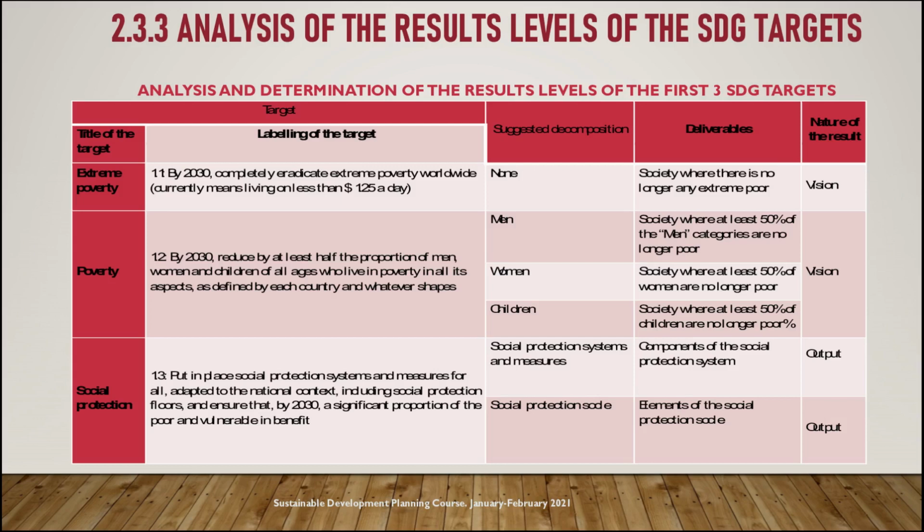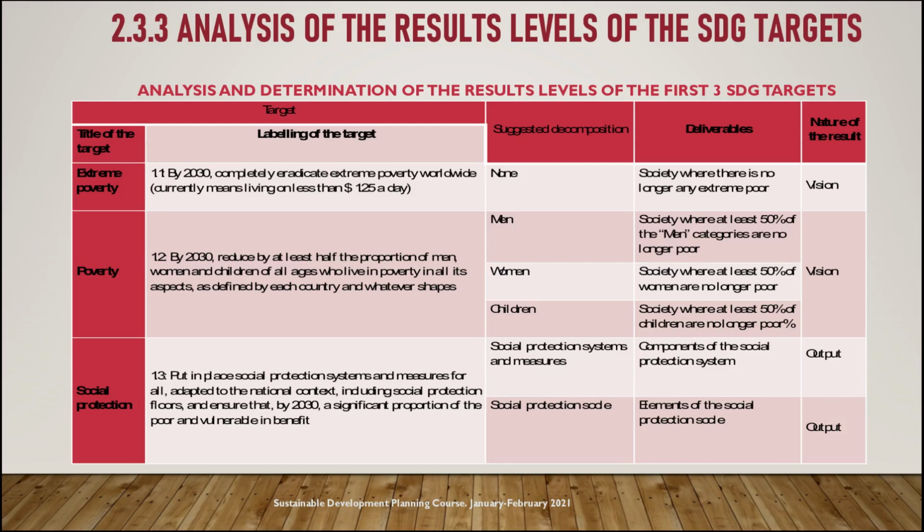So that's what the fifth and last column serves for. So to do that, we consider that each target per se is a purpose. So we don't need to formulate the purpose. What we need to find out inside the framework of the PDOP is what is the corresponding deliverable.